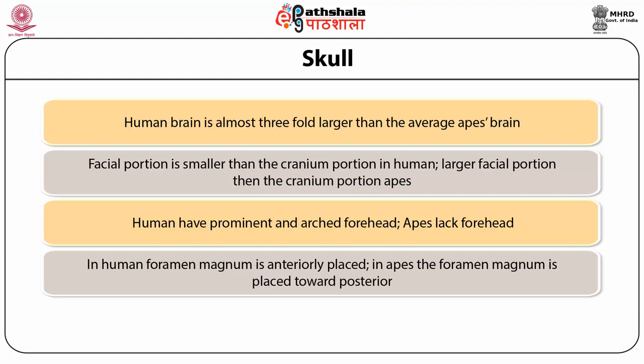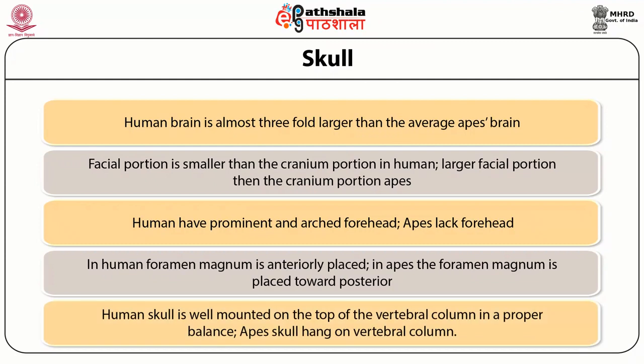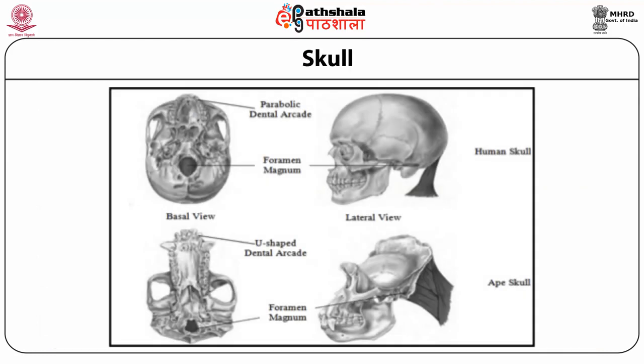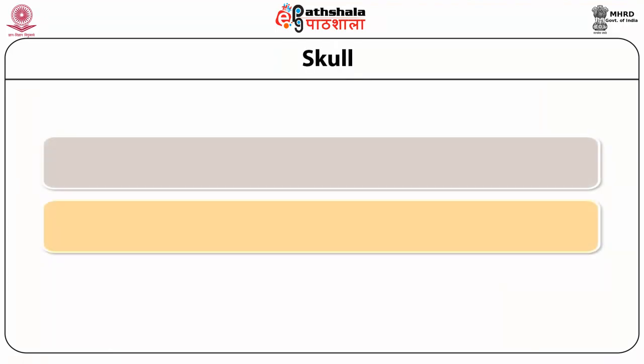We can see this in the next figure. But in the case of apes, the foramen magnum is placed towards the posterior, making the skull hang on the vertebral column. To balance the head, a strong muscle needs to attach to the posterior side of the skull in apes.